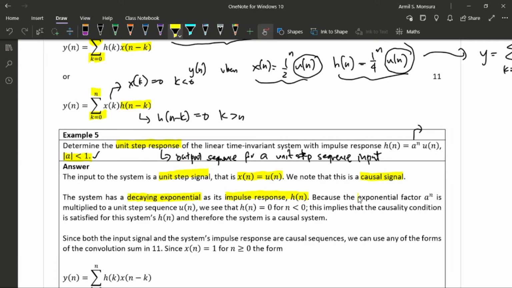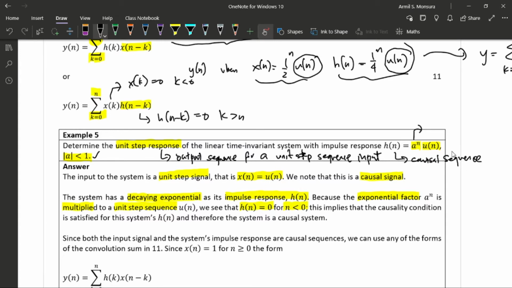Now, because the exponential factor, a raised to n, is multiplied to a unit step sequence u of n, we see that your impulse response is 0 for negative values of n. Dahil naka-multiply, because we have multiplied your exponential sequence to a unit step sequence, that makes your h of n a causal sequence.